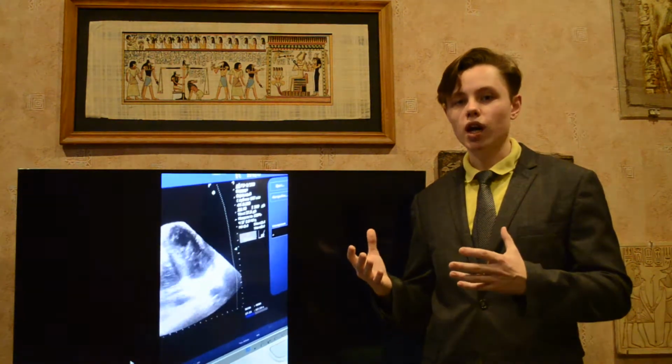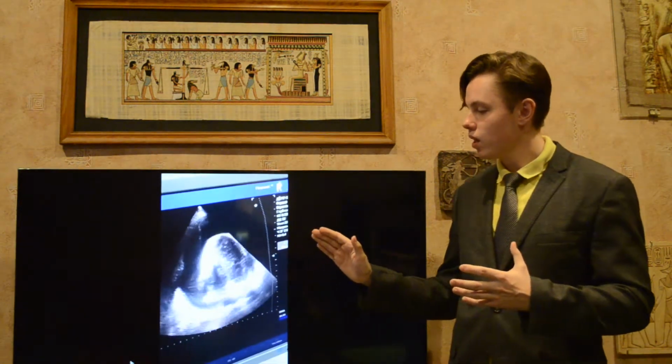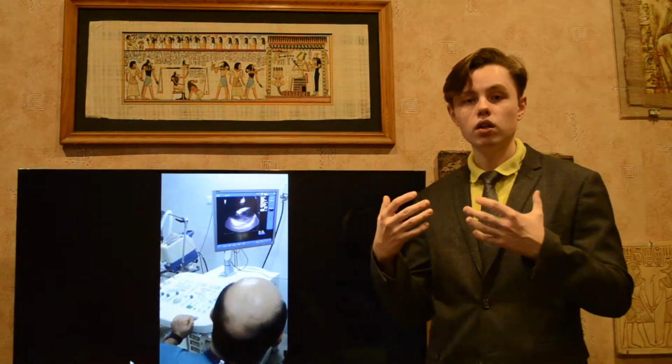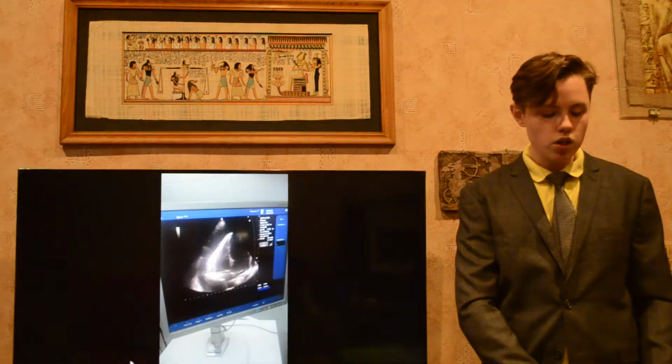It's a swimming heart. The heart is swimming inside of the pericardial cavity because it has a large amount of fluid inside of it.